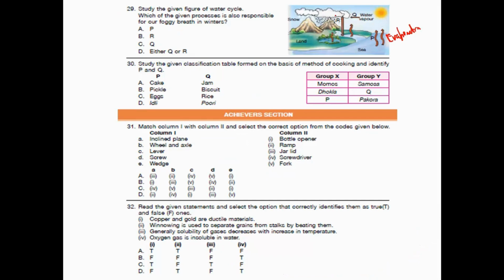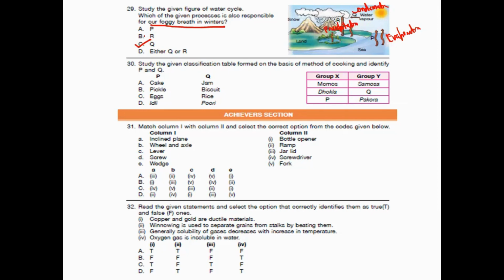So Q is condensation, right? And R, we can see from the clouds, water is coming down. So R is precipitation, right? So the process that is responsible for our foggy breath in winter is condensation. And we can see Q is condensation. So the right option is option number C.